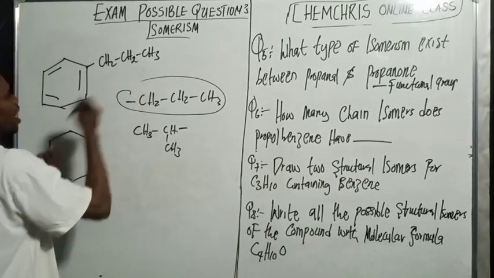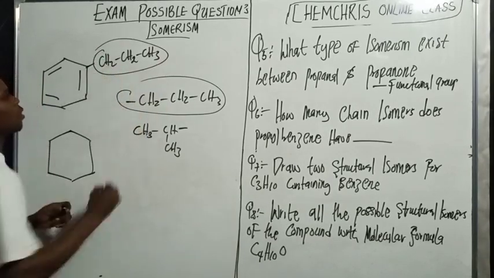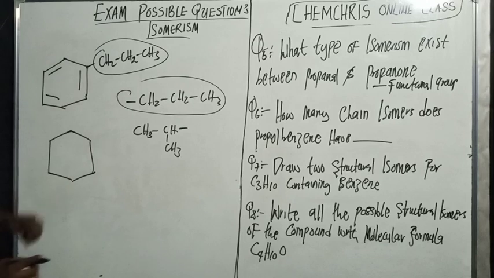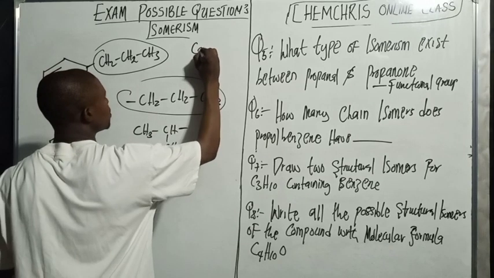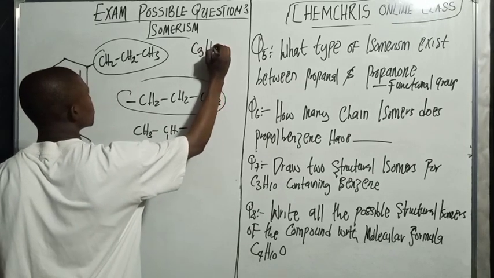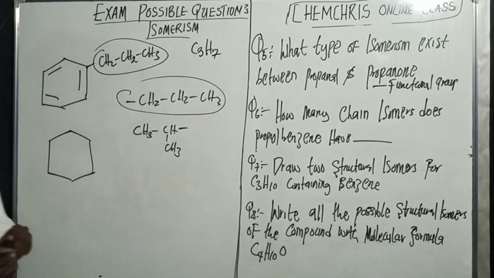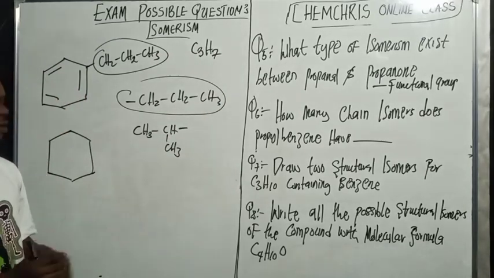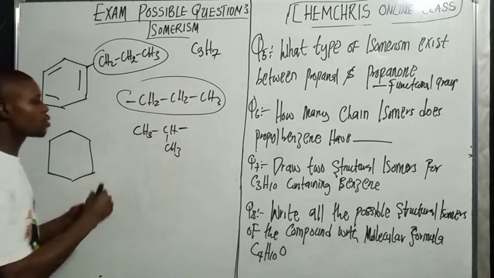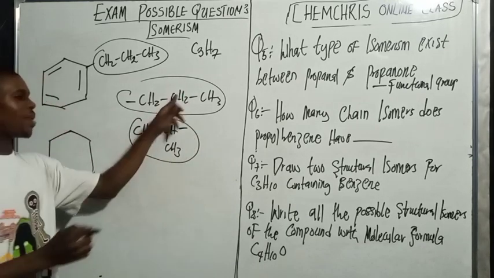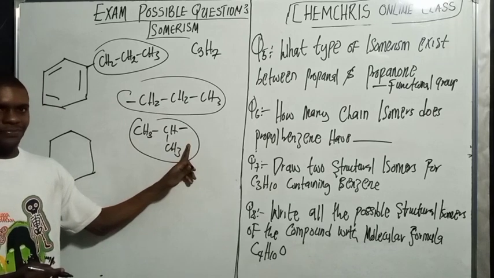So now, what is the molecular formula for this propyl here? The molecular formula is C3H7, right? So there are two types. You can either get propyl or isopropyl.